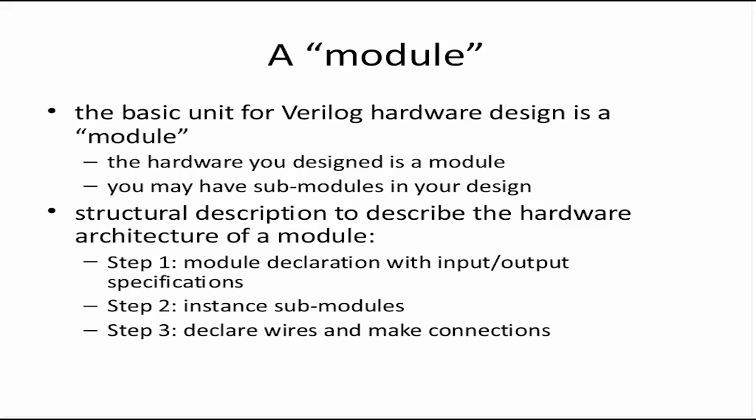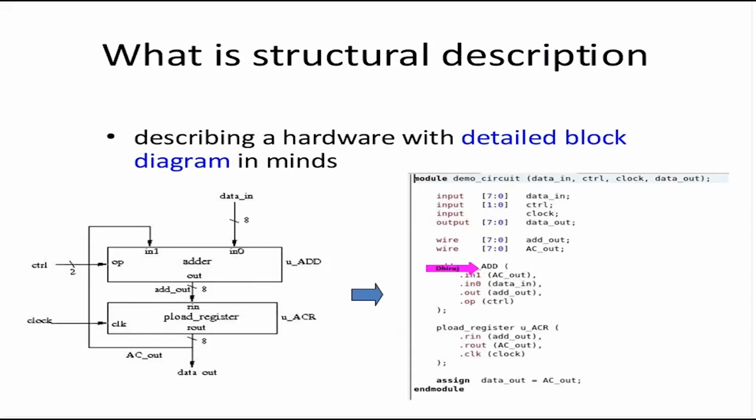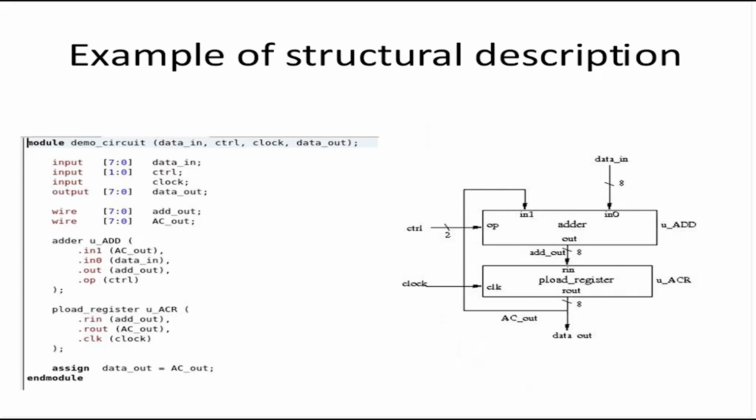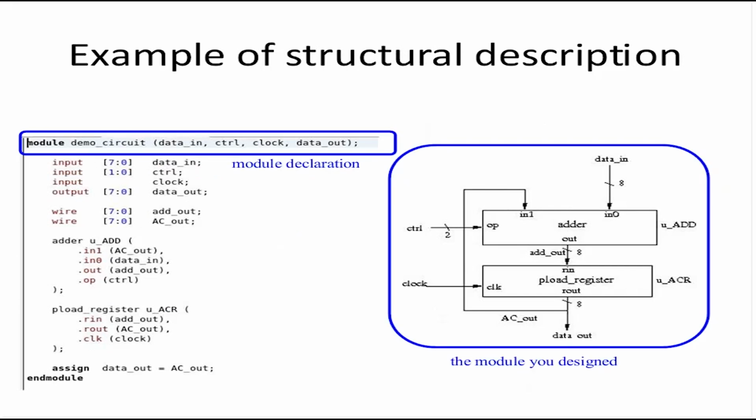In the structural description you would have the instantiations like UAdd and UACR, and you would have wires that connect among these structural blocks, and again you will have output wires. So assign data out is equal to AC out. Here AC out is a wire. We'll just highlight what happens in structural description.